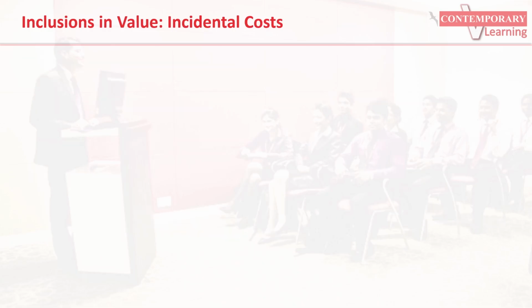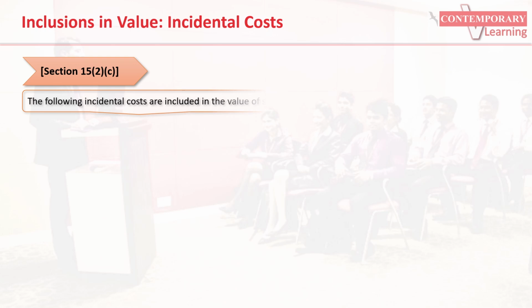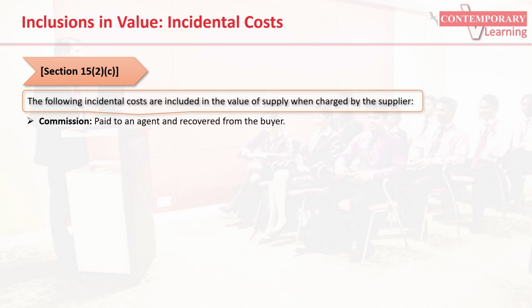Incidental costs are charges that are directly related to the supply and are incurred before or at the time of supply. Let me list the main types. Commission paid to an agent and recovered from the buyer is included. Any packing charges billed to the recipient are included.